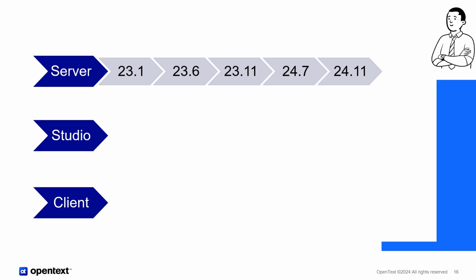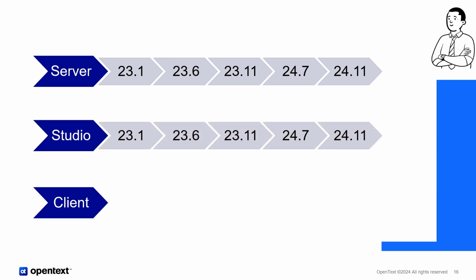So if you are on version 23.11 and you want to upgrade to the latest version, you first need to upgrade your server or servers if you have multiple to 24.7 and then to 24.11. While bypassing 24.7 and upgrading directly to 24.11 might work, it is not tested and therefore not supported.